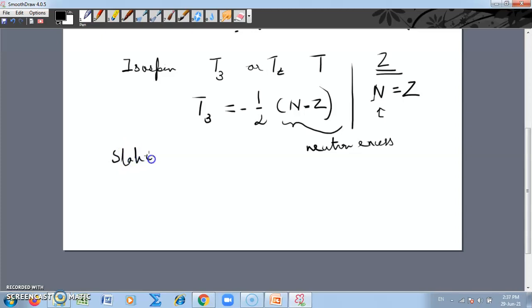Then the remaining quantum property of the nucleus is statistics. We have talked about Bose-Einstein and Fermi-Dirac statistics in case of particles.